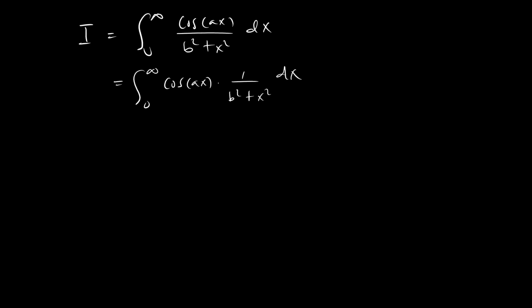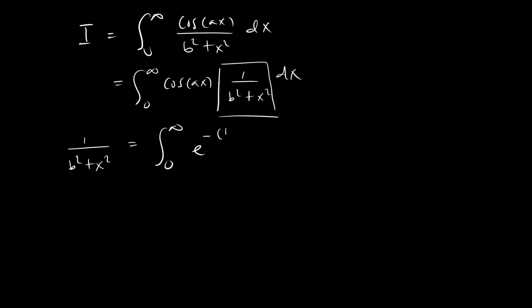Right? And let's focus on this part here. So that part, 1 over b squared plus x squared, is equal to the definite integral from y equals 0 to y tending to infinity of e to the power negative b squared plus x squared times y, right?